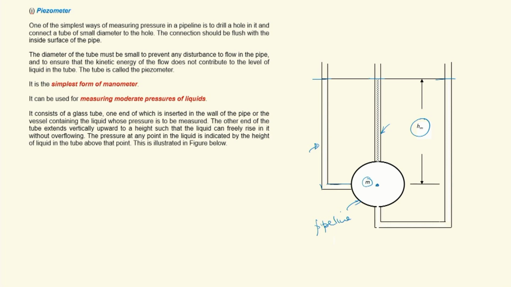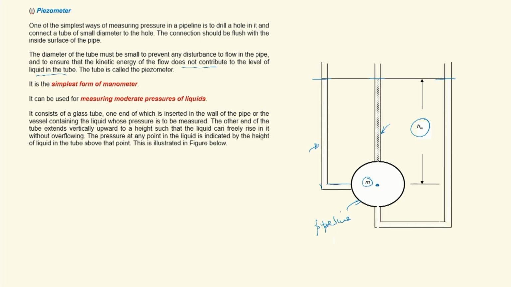The diameter of the tube, as I mentioned earlier, must be small to prevent any disturbance to flow in the pipe, and you also have to ensure that the kinetic energy of the flow does not contribute to the level of liquid in the tube. It should not be too small, because then you will have the effect of capillary rise.